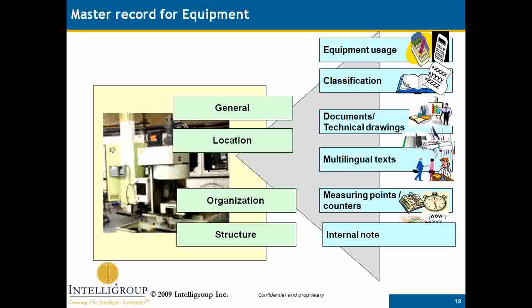We can also see additional information such as equipment usage in the equipment master itself, and the classification we have done, whether it is a 5 HP, 10 HP or 16 HP motor. You can do the classification in the equipment master. It is not a tab, it is a function. And we can assign standard operating procedures.